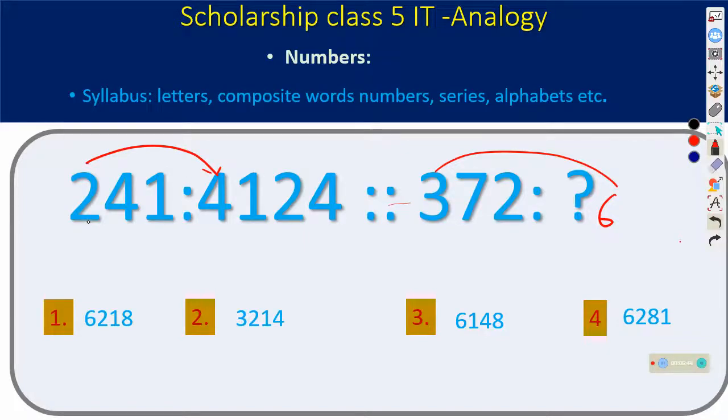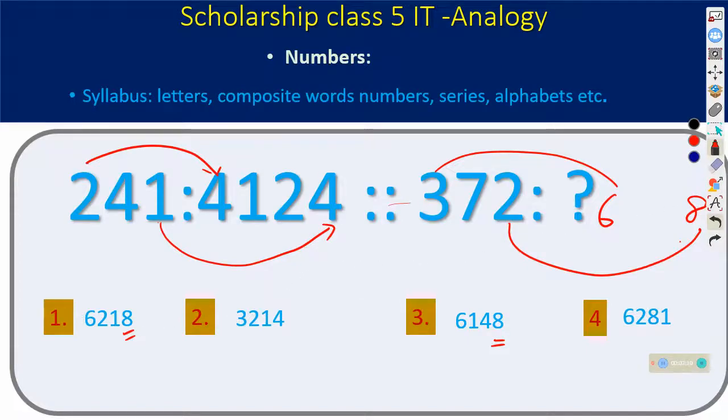Okay, if you think it that way. Now if I think 1 became 4, that means the last digit, so 2 into 4, 8. Why? Because I saw here 8, here 8, so 8 can be 2 into 4, 8.